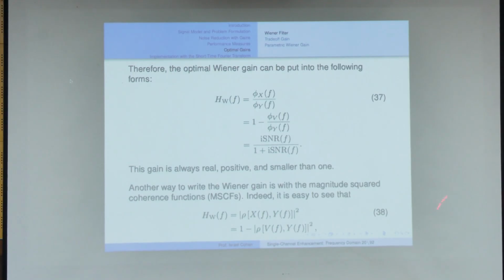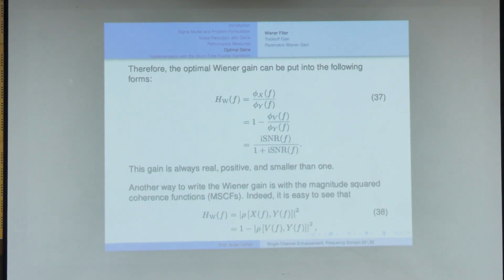So we get the Wiener filter. This is the Wiener gain, which is the input SNR divided by 1 plus input SNR. Remember when we asked what happens when the input SNR increases. The gain is between 0 and 1. When the input SNR is higher, we want to keep the signal undistorted in those frequency bands.